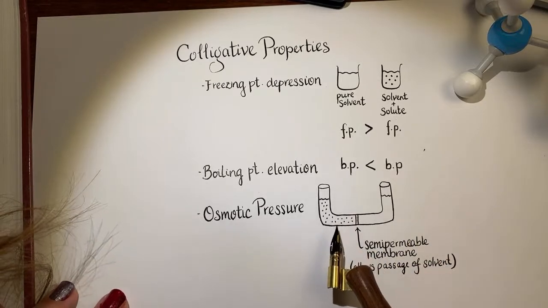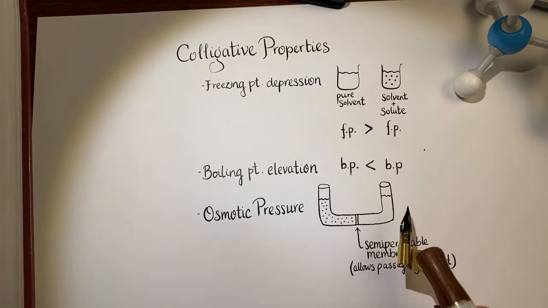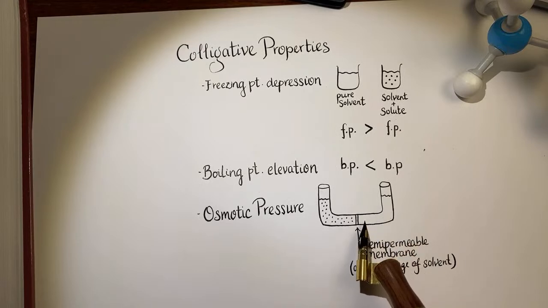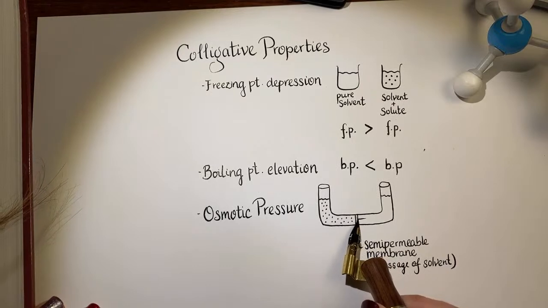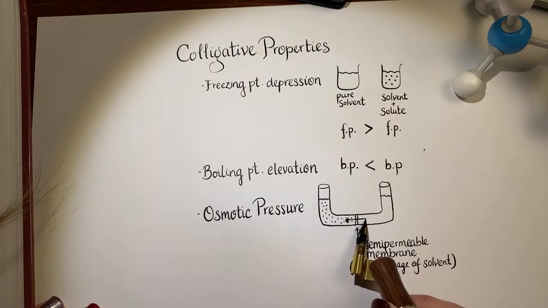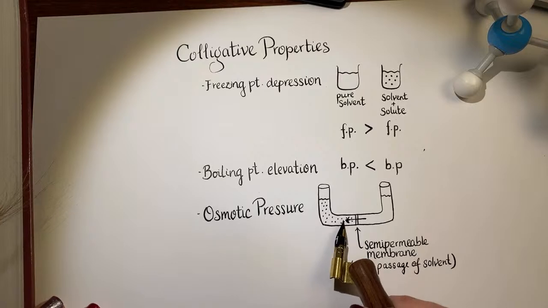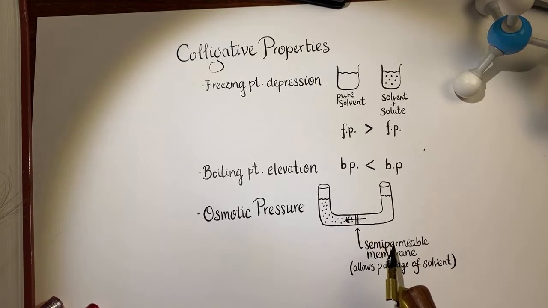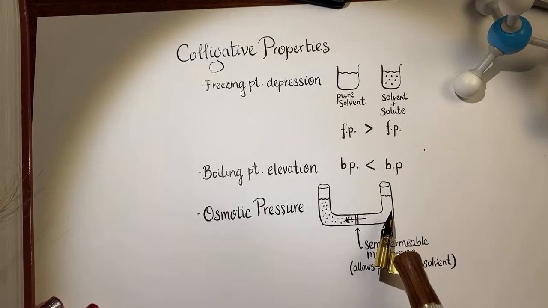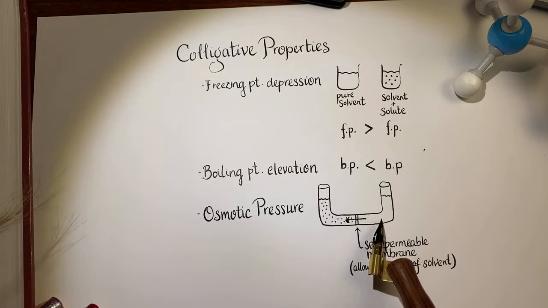And so what will then naturally happen is that the water that's on this side will spontaneously flow towards the side that has a higher concentration. And the idea here is that it is diluting this side. Again, this happens in a way to make the concentrations more equal to each other.